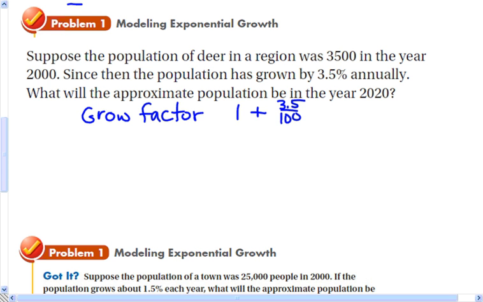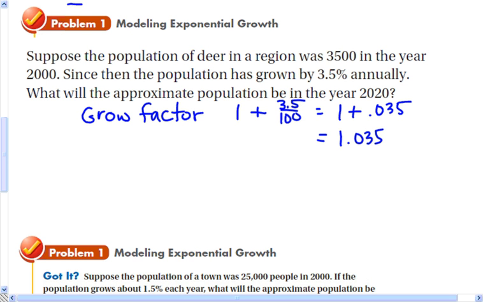So what I end up with is 1 plus 0.035. You'll probably be able to do that in your head, just move the decimal over 2 places to get that number. Then I'll simplify that, that's 1.035. If I multiply by 1.035, my number is going to grow by 3.5%. I'm always going to have 3.5% more.